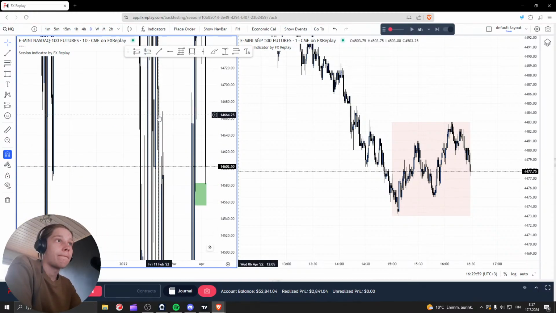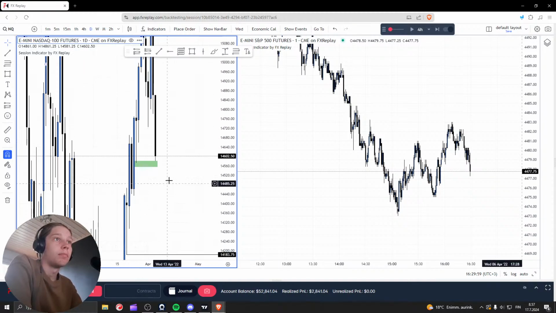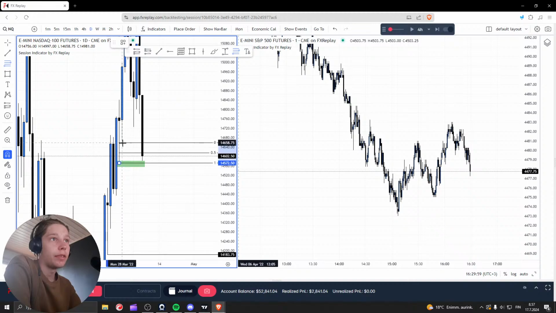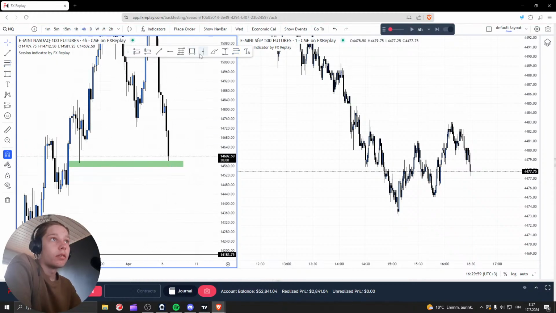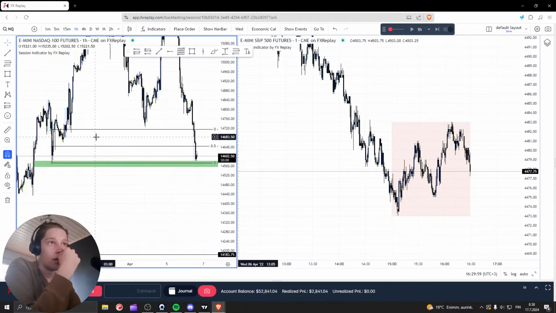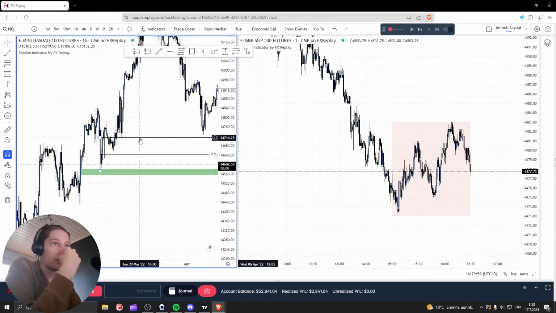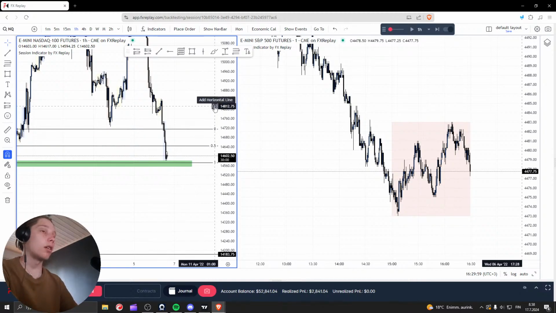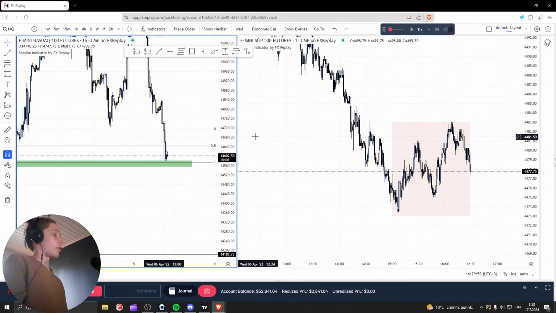Plus, this daily gap, daily wick could be respected for our wick. These kind of abnormal wicks are nice to have projections of them and see if the consequent encroachment, aka the 50% level, is being respected or not.